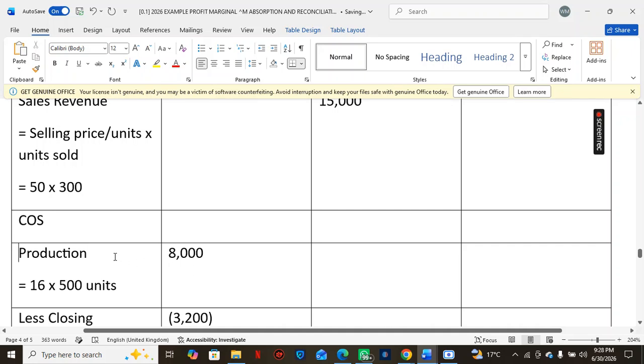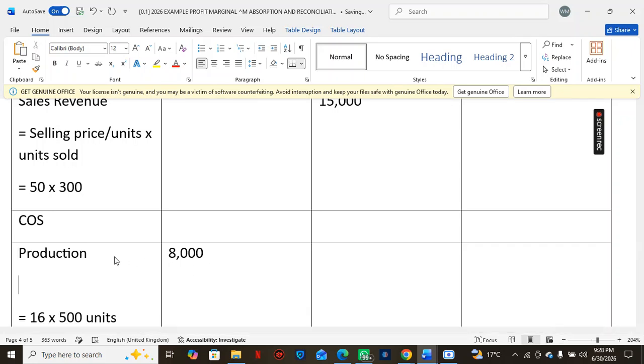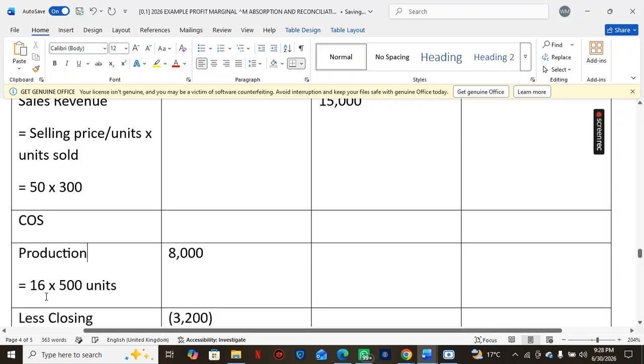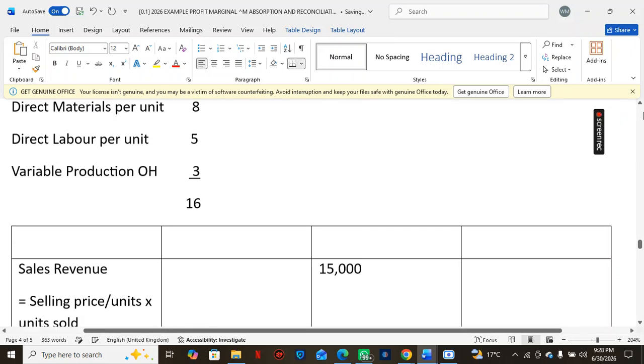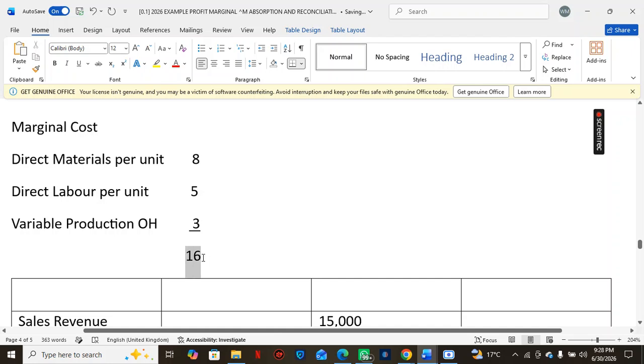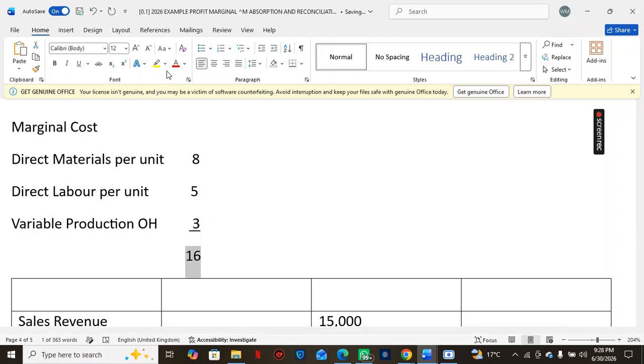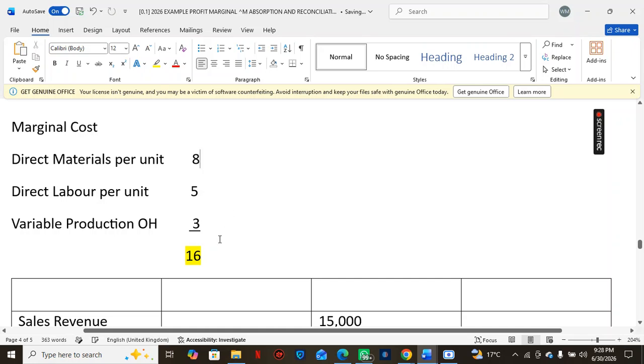Okay. So our production costs are the number of units produced multiplied by the variable cost per unit. All right. This variable cost per unit, we're going to use it to value the units produced, our closing inventory, and if there was any opening inventory, we value it with it.